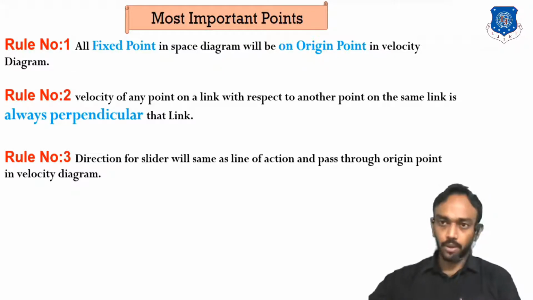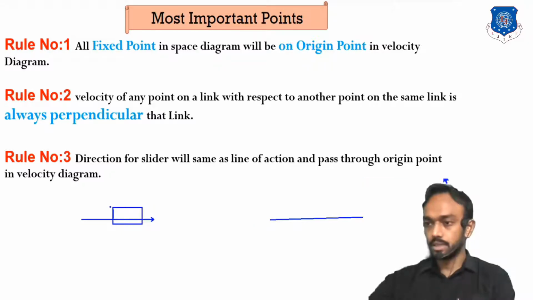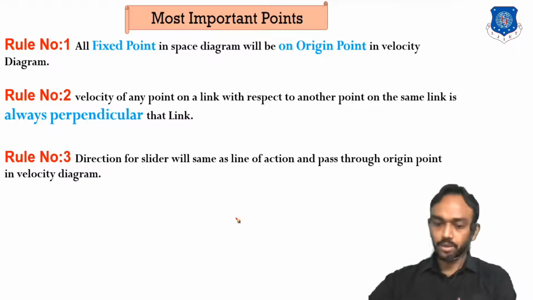diagram. I am going to explain this again, because if the piston is moving in this direction, then you will draw the line passing through the origin. Okay, I'm giving you another example.